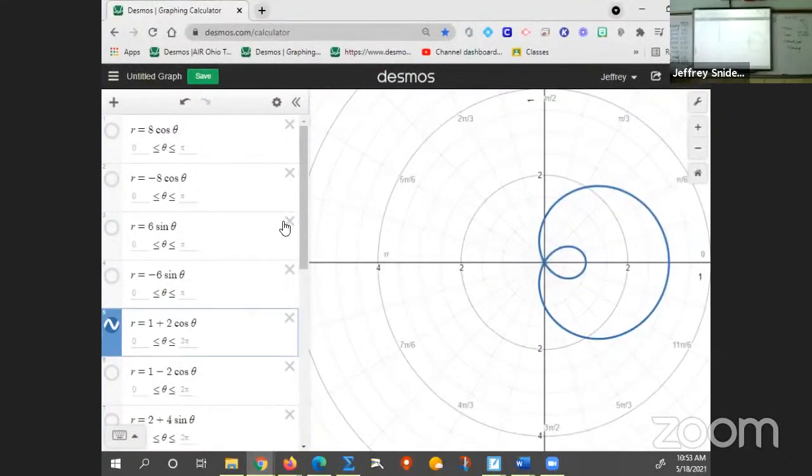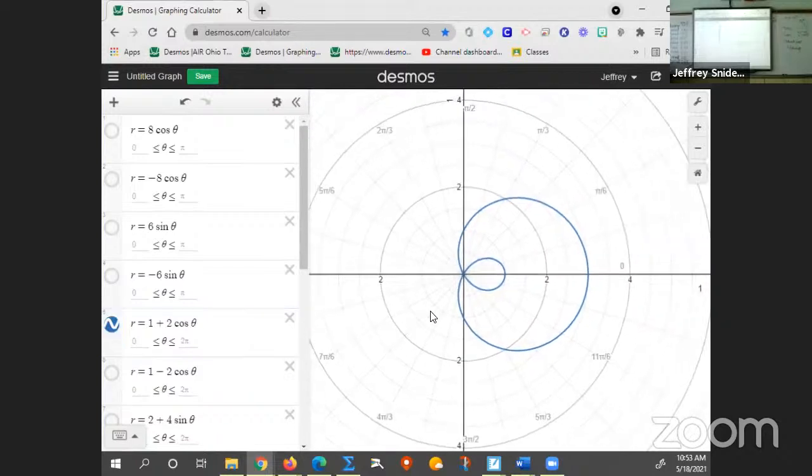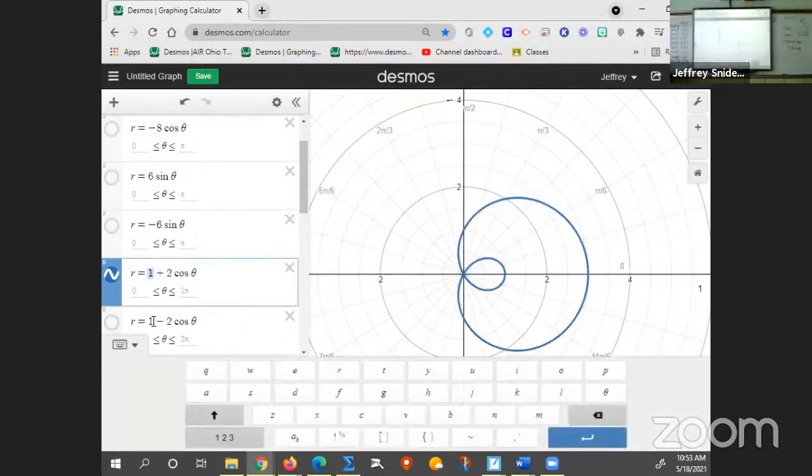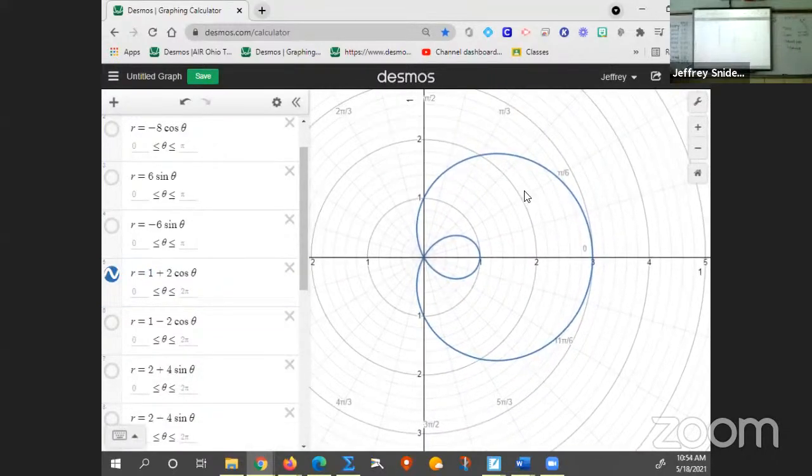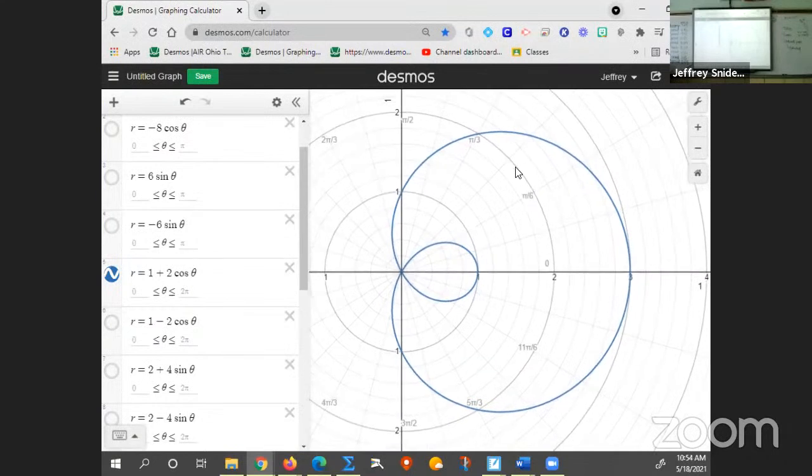So this is 1 plus 2 cosine theta. This is what it looks like. Now, when you're looking at this, I'm asking you, what does this value of 1 here have to do with this graph? You guys see the 1 anywhere on this graph? Do you see it anywhere?